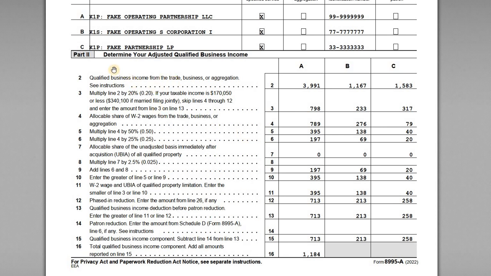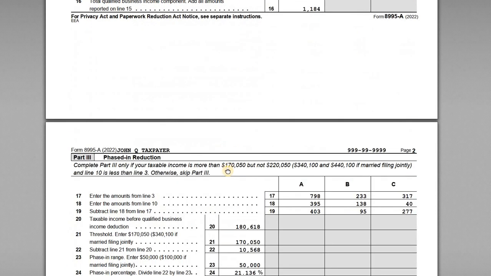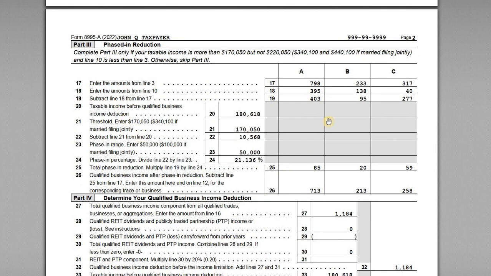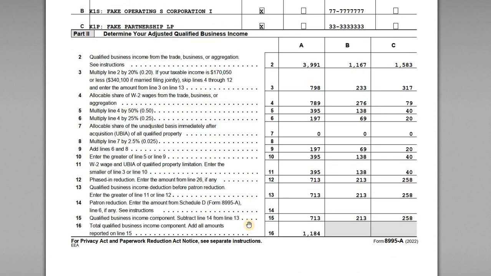Now part 2 is completed lines 2 all the way down to line 11. Then we stop here and we have to move on to part 3 for the phased-in reduction amount. So then we'll go through part 3 in this example. And once this is completed, we'll come back up to part 2 and finish it, so that'll be lines 12 through 16.